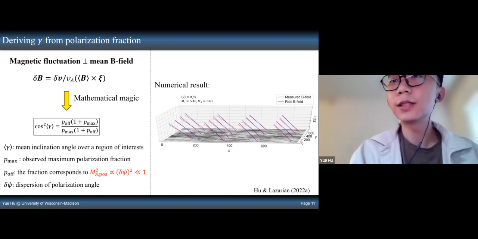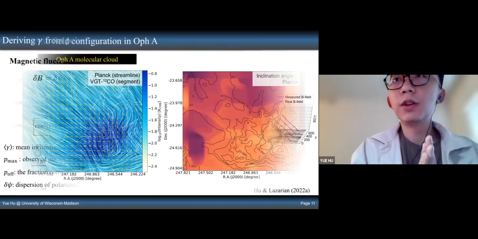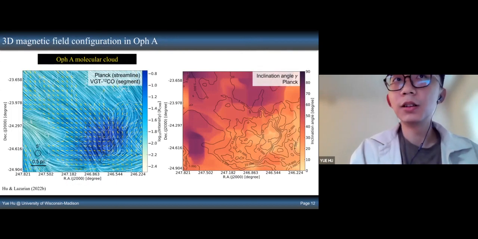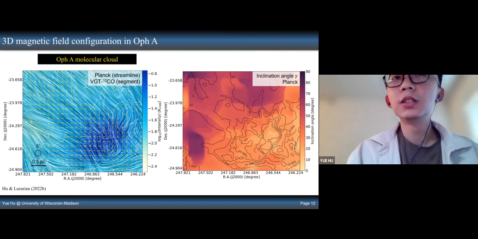But this is a numerical result. In observation, we choose one low mass star-forming cloud, Ophiuchus, and we use the Planck polarization to trace the magnetic field. The plot on the left shows the streamline of the plane-of-sky magnetic field orientation revealed by Planck polarization.